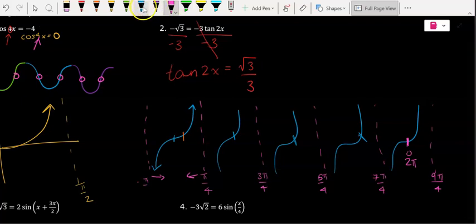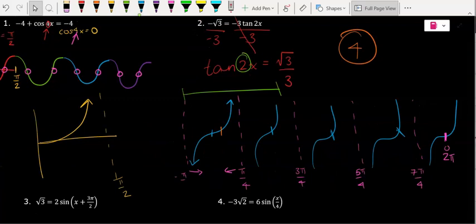So it does work out in this case that it's going to end up being 2 times the amount of solutions that I have between 0 and 2 pi. And so square root 3 over 3 for tangent happens twice between 0 and 2 pi.